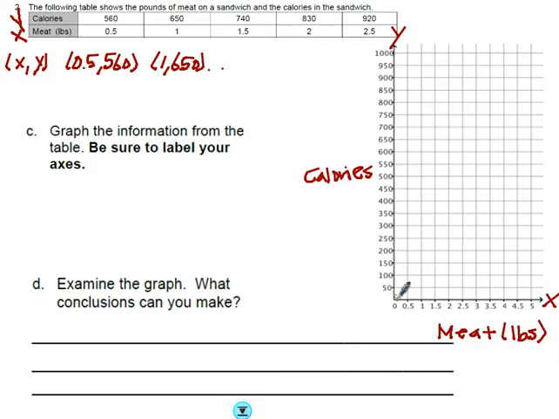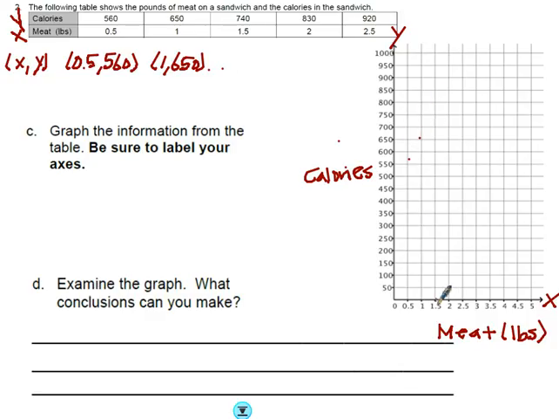You can pause the video to plot it on your own and check back, or you can continue on and follow along with the video. So 0.5 comma 560, so it's somewhere here. Can't really plot it perfectly. And then the next point is 1 comma 650, so that's the point here.